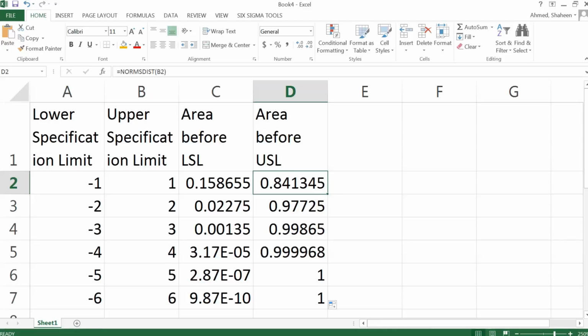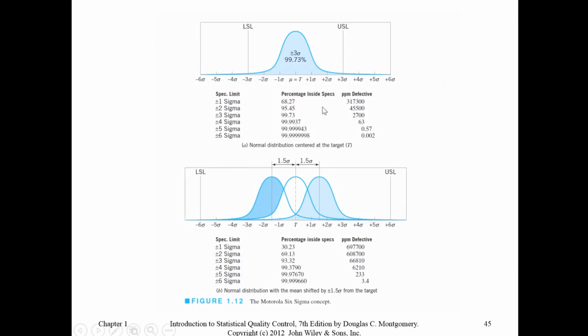Now I would like to go back to that picture again, the one from Montgomery Statistical Quality Control. This is also in Besterfield book, chapter 2. You have the same pictures. I just have permission to use this picture, so I'm using this. So we calculated, when we write NORMSDIST of -1, it gives you all this area before this point.